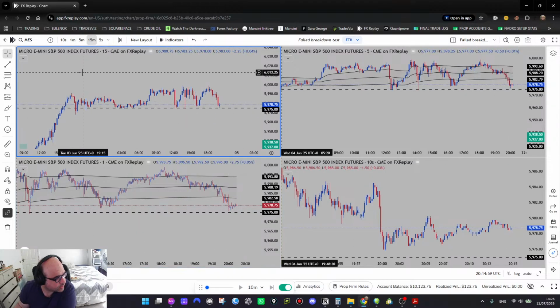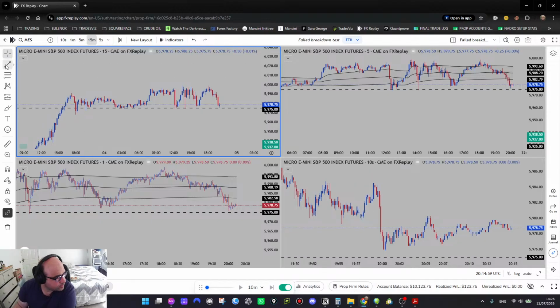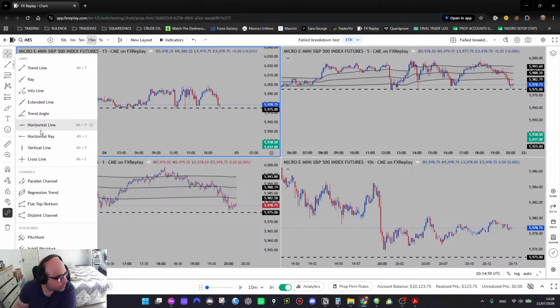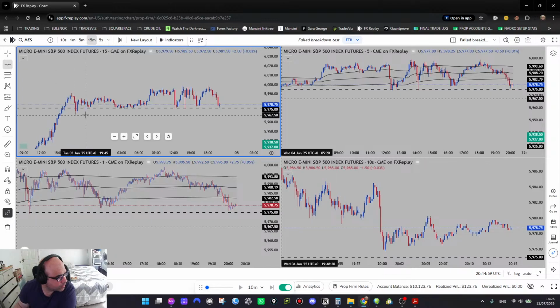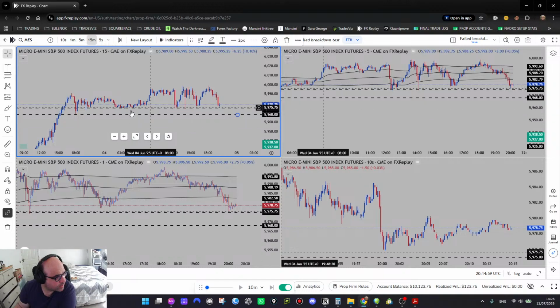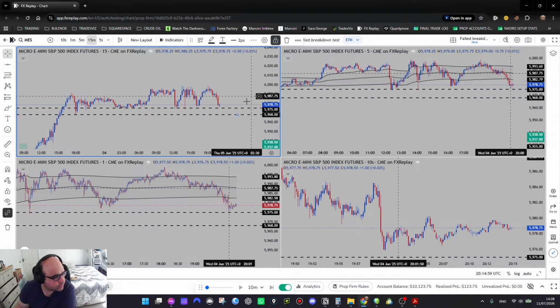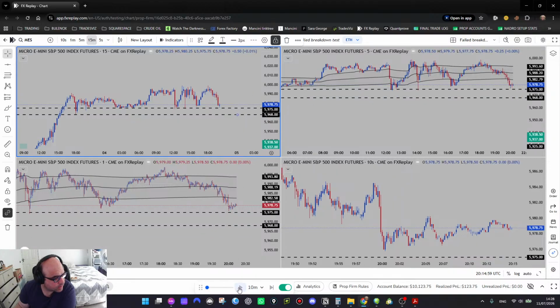Let me also mark this low. See, this is the low of the shelf. Just mark it in there. And okay, let's keep it running on the 10 seconds.